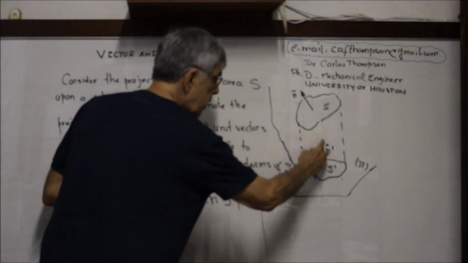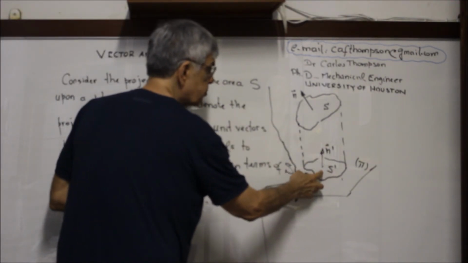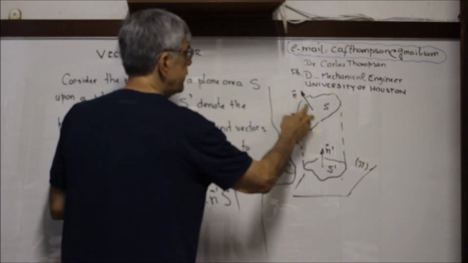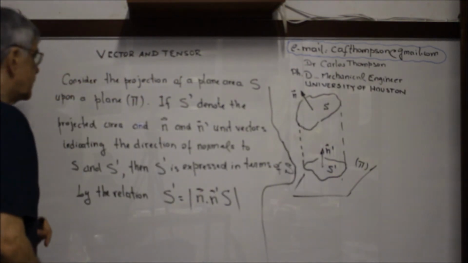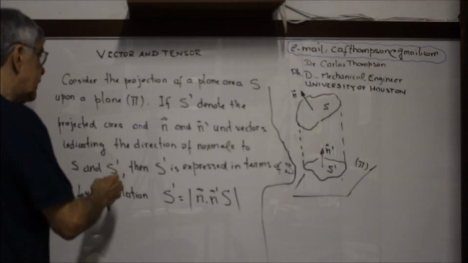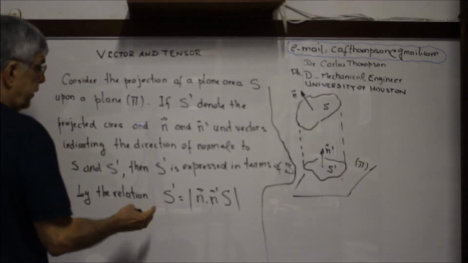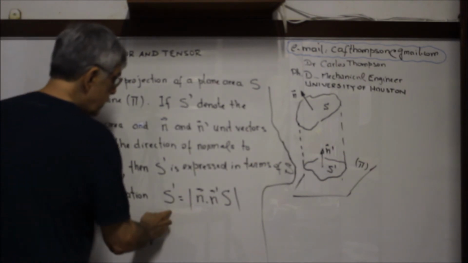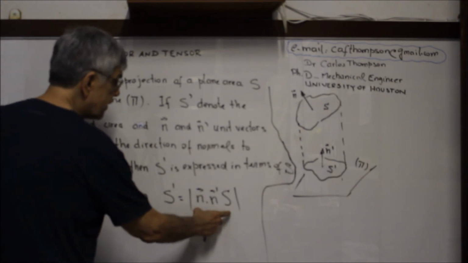So n prime is a unit vector indicating the direction of S prime, and likewise the normal vector n indicates the direction of area S. Then S prime can be expressed by this relation: S prime is n dot n prime times S. That's the magnitude.